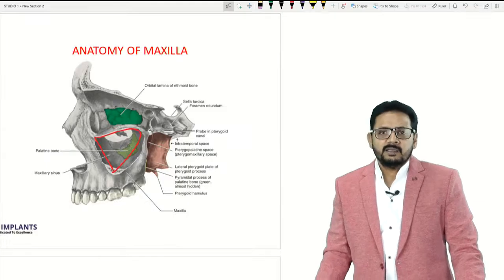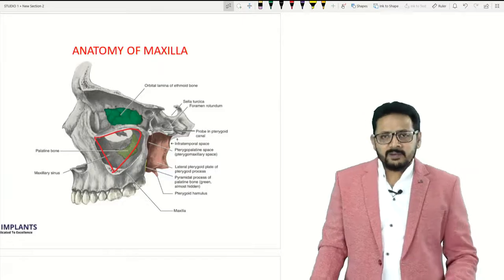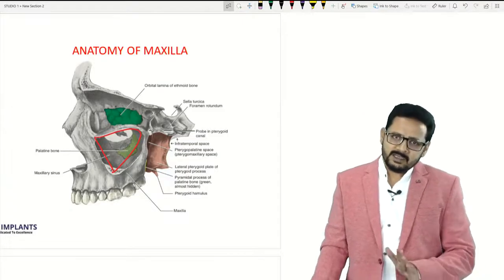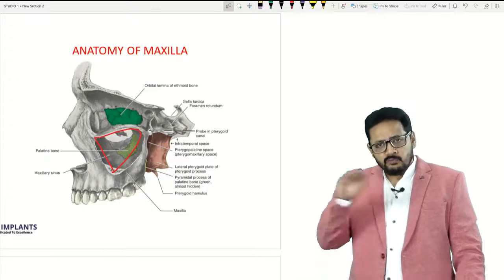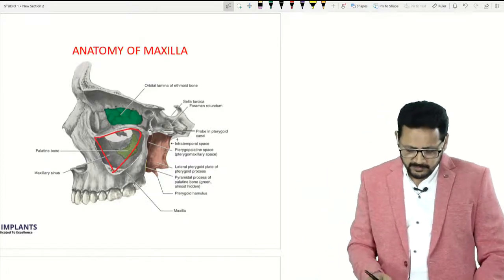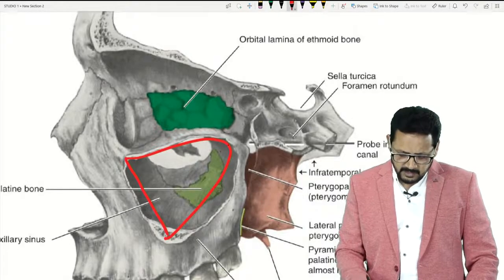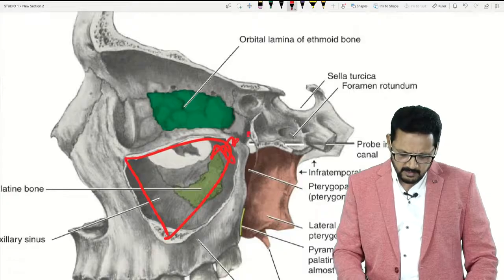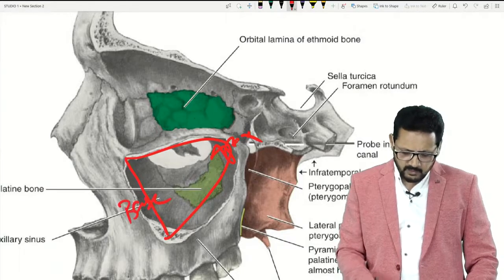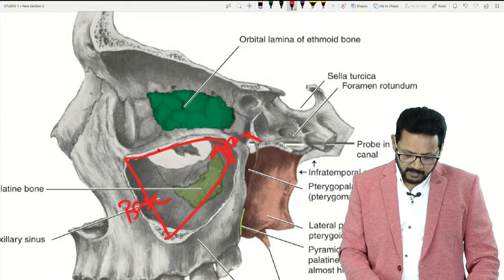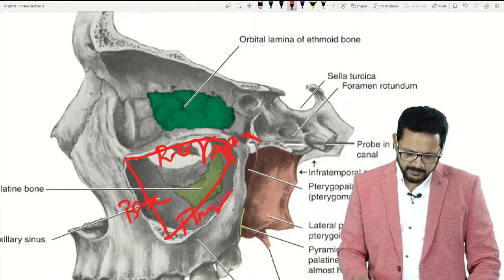It is towards the zygoma. Now, where is the base of the pyramid? It is towards the nasal bone. So, where is the roof? Here it is the apex, here it is the base. Now, the roof is towards the infraorbital rim and the floor is towards the alveolar process.